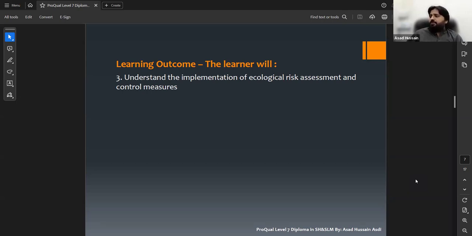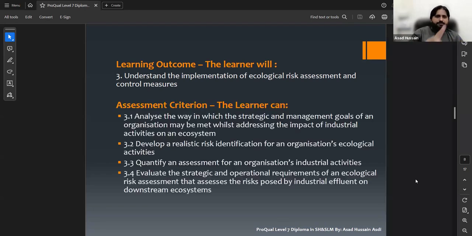Ecological here means environmental. So in this learning outcome we will be discussing ecological risk assessment, their implementation, and the control measures to resolve and correct these risks associated with the environment.